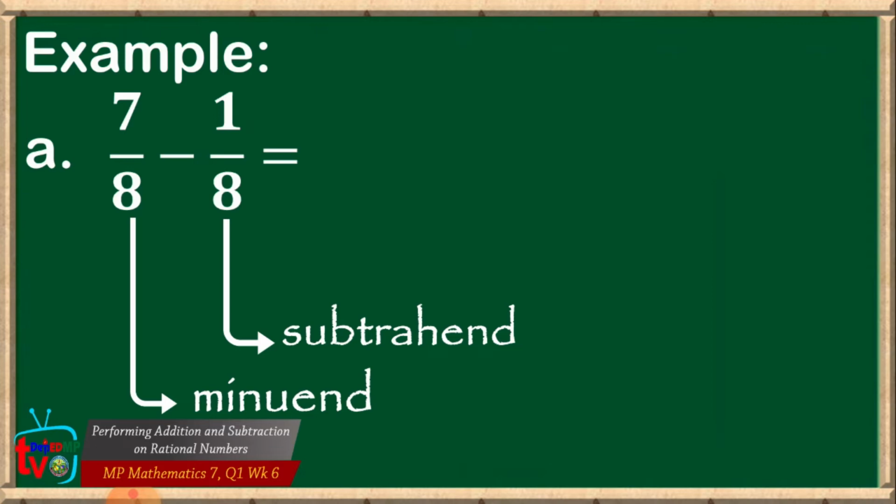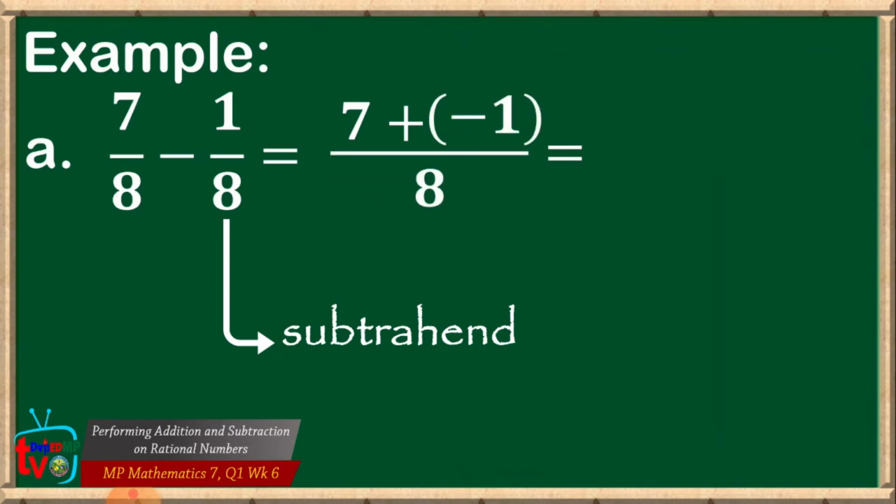In the rule, it says that we will add the numerator of the minuend and the opposite of the subtrahend over the denominator. The numerator of the subtrahend is positive. So, if we get the opposite, it will become negative.